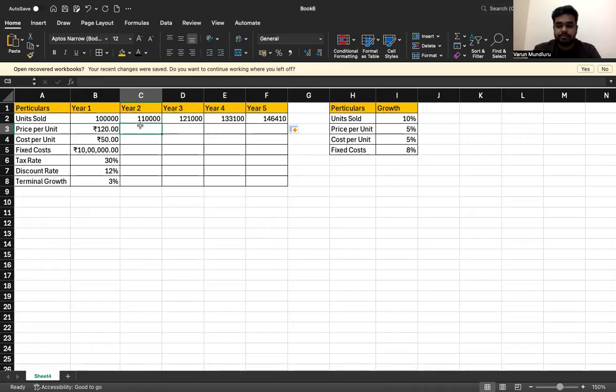The same way, let us do it for price per unit: first year into 1 plus the growth, freeze it. This is it. The same way we will do it for cost per unit and fixed cost.